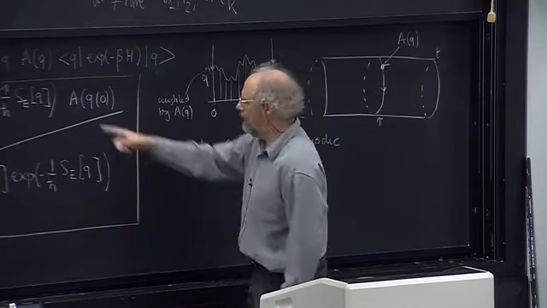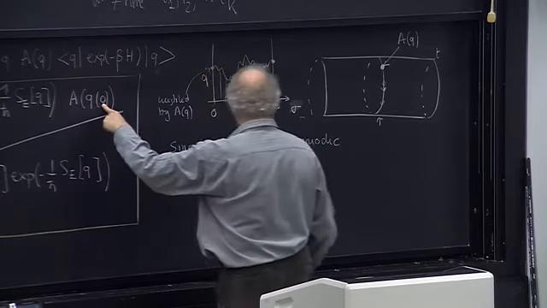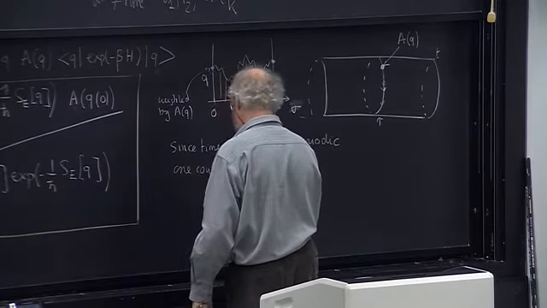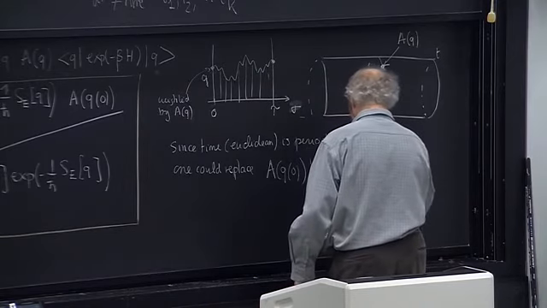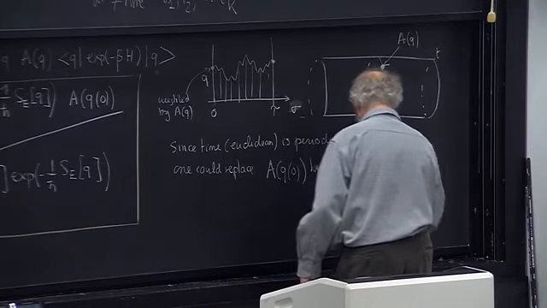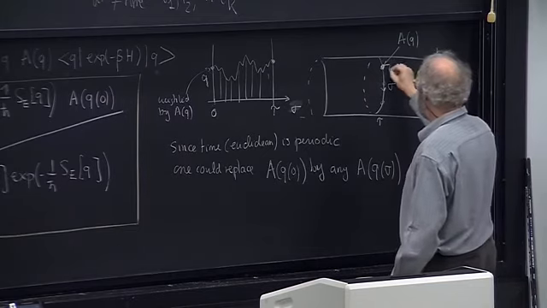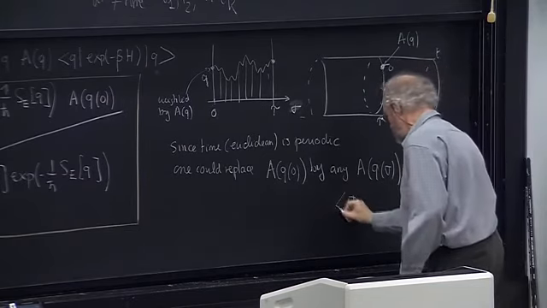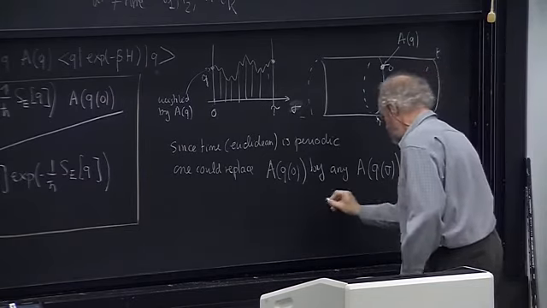One could replace A of q at time 0 by A of q at time sigma, some intermediate time between 0 and tau. This wouldn't change the result, because it corresponds simply to a shift in the definition of Euclidean time.